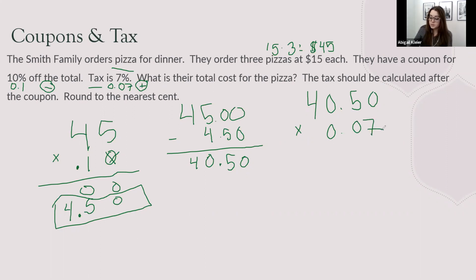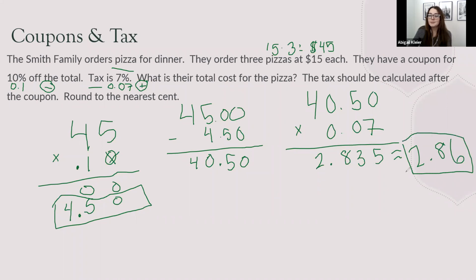And we're going to go ahead and solve that. $40.50 times our tax rate of 0.07 gives us 2.835. And since we're dealing with money, we will go ahead and round that up to 2.86.